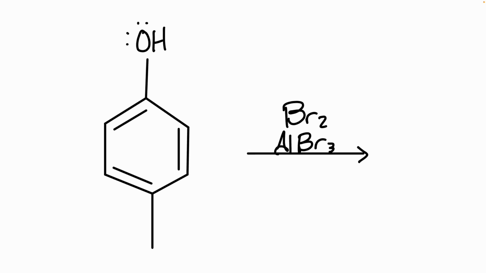So let's look here. My OH group, my hydroxyl group, what is that? Ortho-para or meta-directing? So this is ortho-para. It's got that lone pair. The para position's already occupied, right? But nonetheless, it would want to direct any incoming substituent to these ortho positions here. But what about my alkyl group?